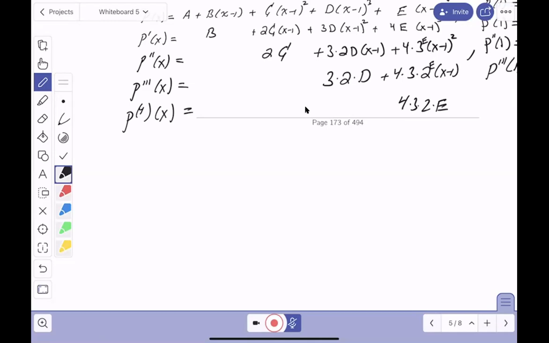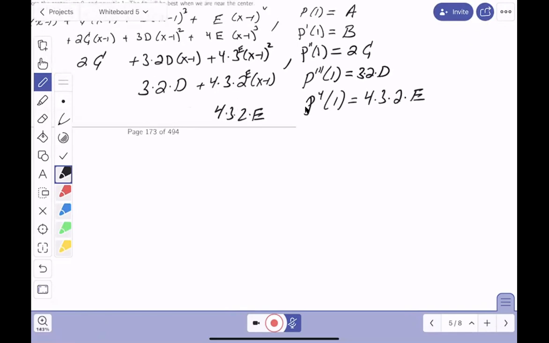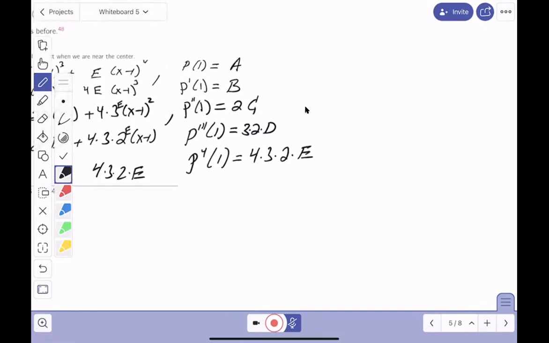Let's write that down. And so p4 evaluated at 1 would be 4 times 3 times 2 times a. I'm always looking for patterns, and I'm going to write them down for you now. 4 factorial d, 3 factorial c, 2 factorial b... I'm sorry, I got e in my brain.